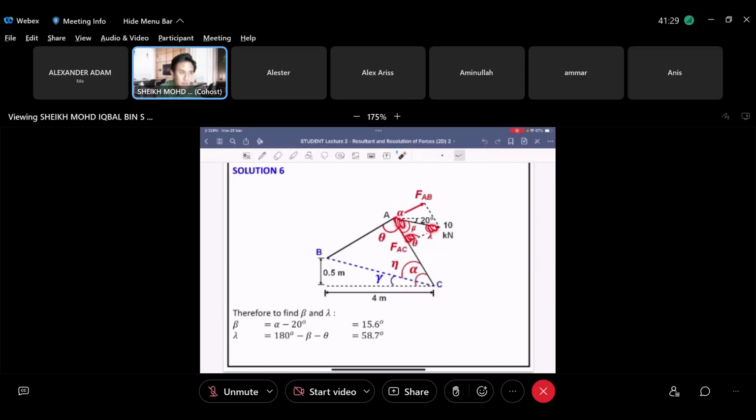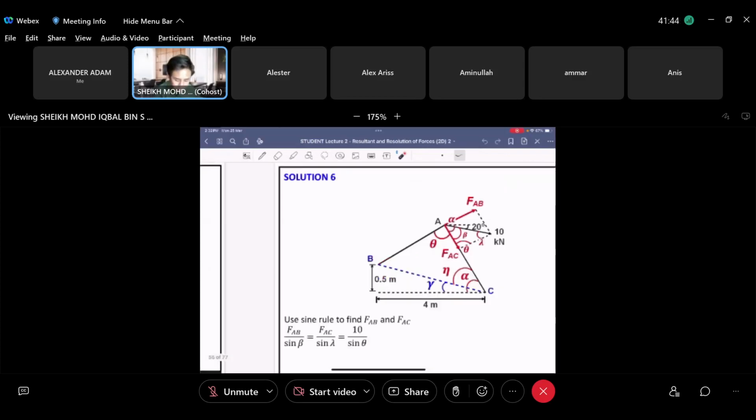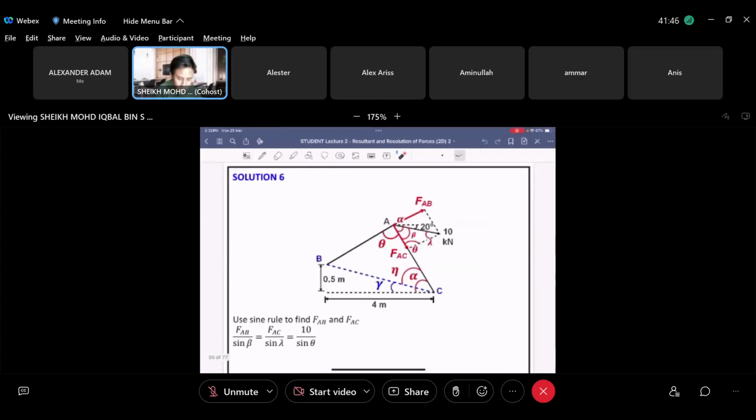We can now use the sine rule to find FAC and FAB, because we have sufficient data. We have all the angles now at different sides, so we can use the sine rule, right? You're just substituting all the angles into the sine rule here. If you want to find FAB, so FAB is this one, right?